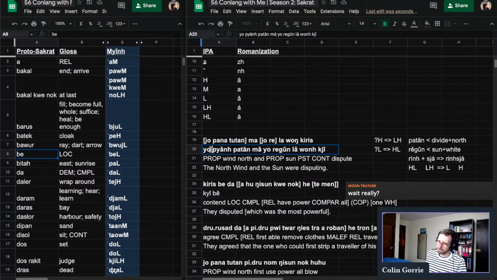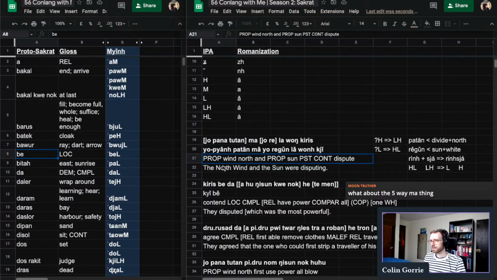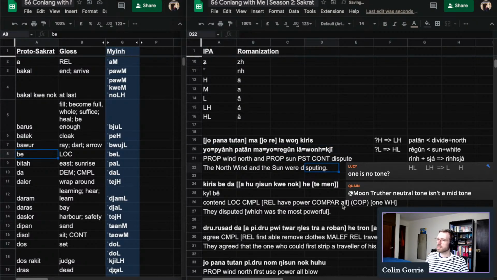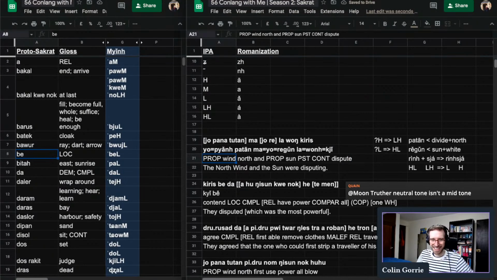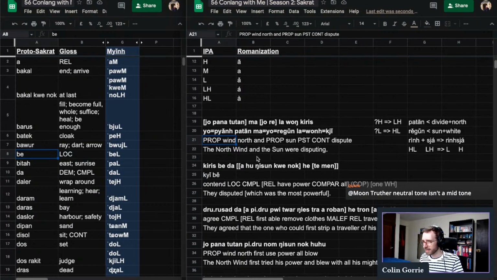Yopian. So essentially it would be within the bounds of tone sandhi. So let's write that in as a clitic, and we can just obliterate the tone markers on all of those.